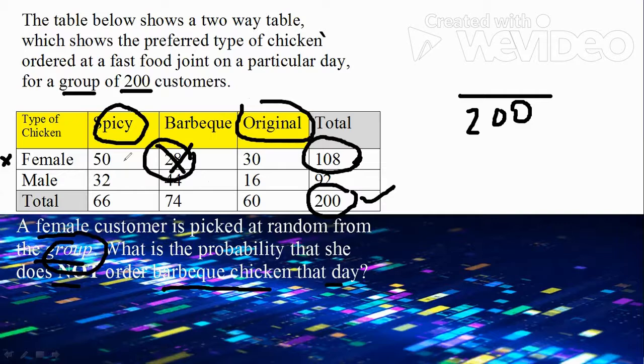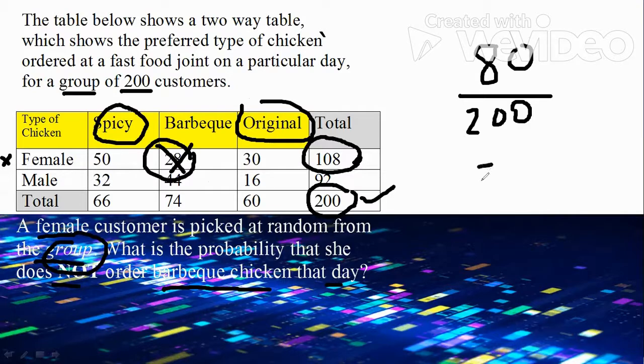It should have been 50 and 30, and 50 plus 30 would have been 80. We're not sure if it's spicy only or original only. All we know is she didn't order barbecue. So it's either spicy or original, which is 50 plus 30.